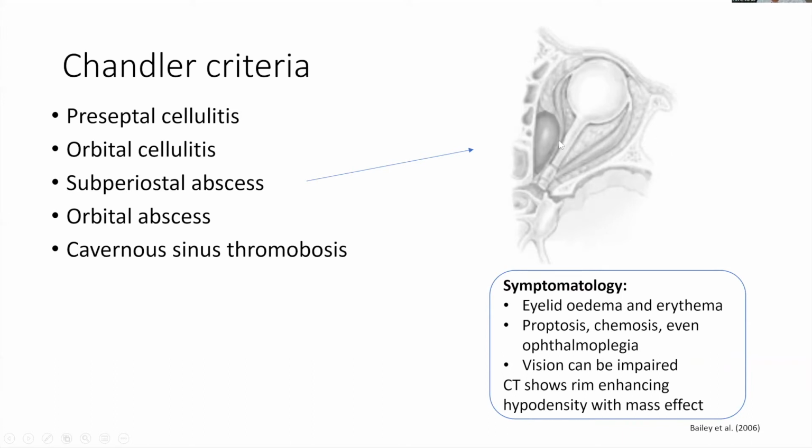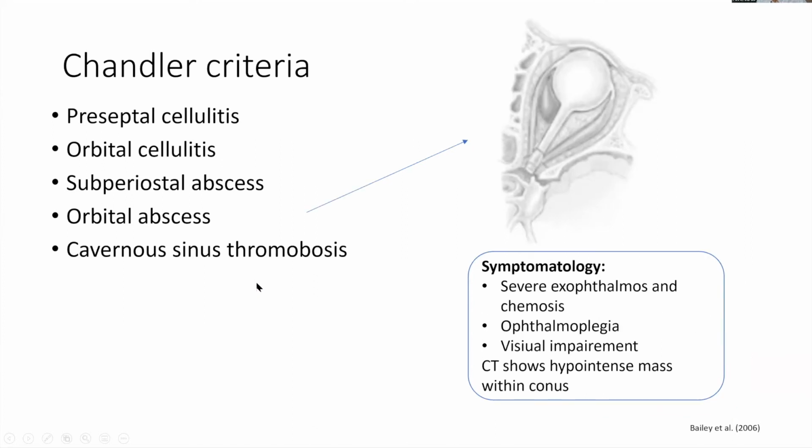It all depends on the position of the abscess. If it is more posterior, patients are more likely to develop deterioration of vision. If the abscess is located anteriorly, obviously there will be less pressure on the eye components, and patients will have fewer symptoms.